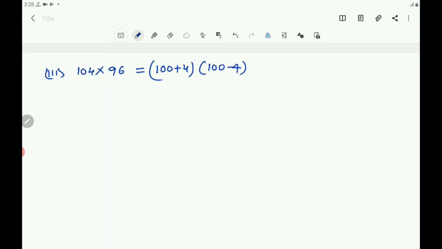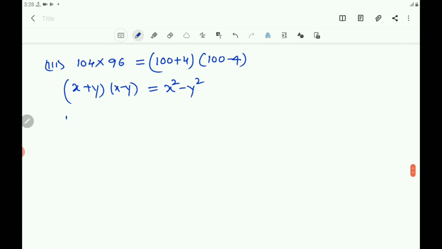So you write (x plus y) into (x minus y) equals what? x square minus y square. Then you write 100 plus 4 into 100 minus 4 equals 100 square minus 4 square. In the place of x there is 100, in the place of y 4 is there.